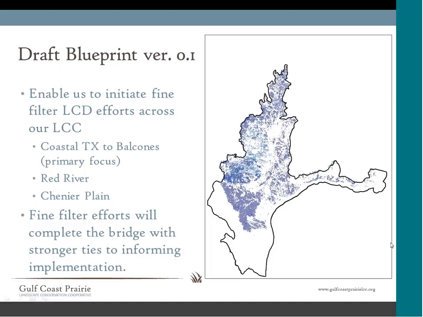You mentioned GRIP. Then there's a lot of other conservation initiatives going on out there, and we can see some overlap. But this is the coarse scale, and then the fine scale will follow at some point.